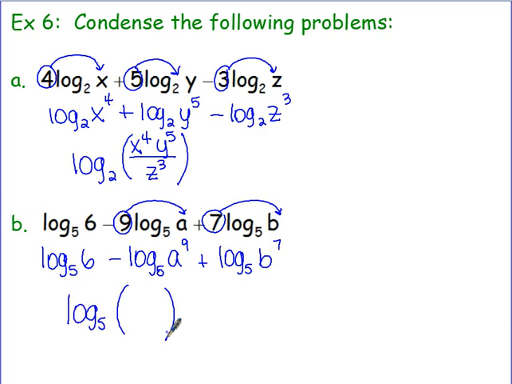Do you see any minus signs? Yes. There's your fraction bar. This log, positive, 6 goes on top. This log, negative, a to the 9th goes on bottom. This log, positive, b to the 7th goes on top. And that is a done problem.